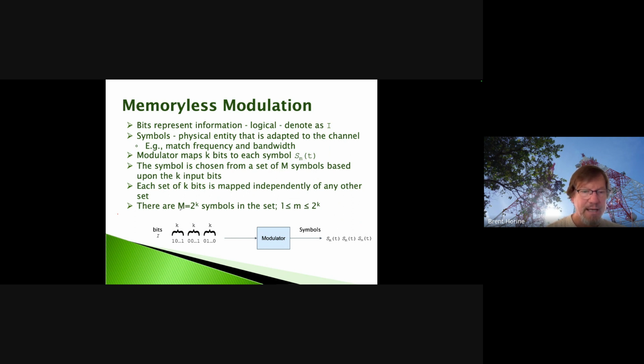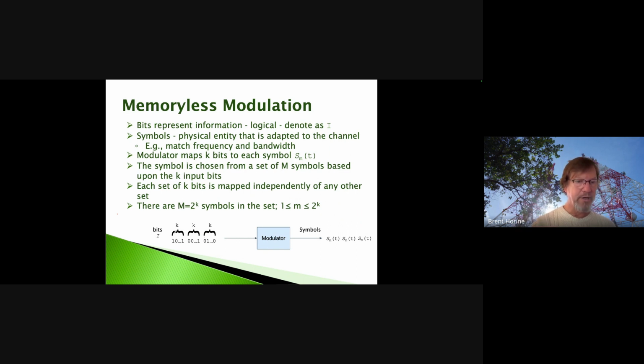So this is a good exam question, by the way: if K is equal to 3, how many symbols do I need in my set of symbols to encode those, right? So K is equal to 3, 2 to the third is 8. So we would need 8 different symbols.